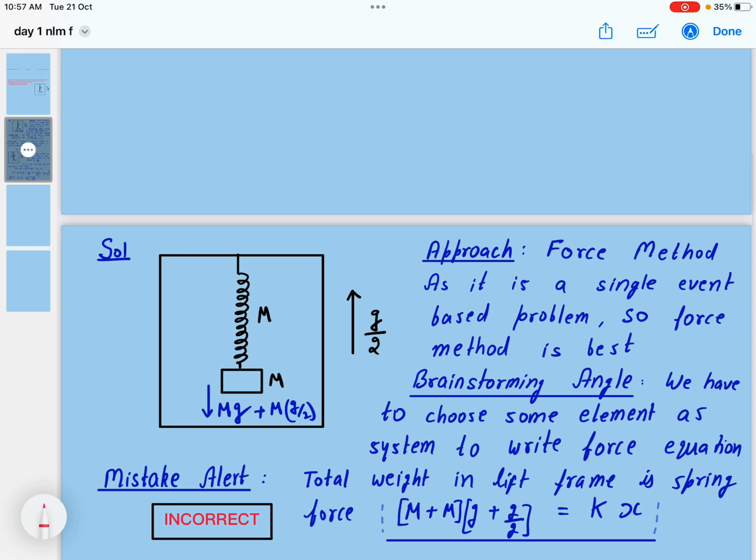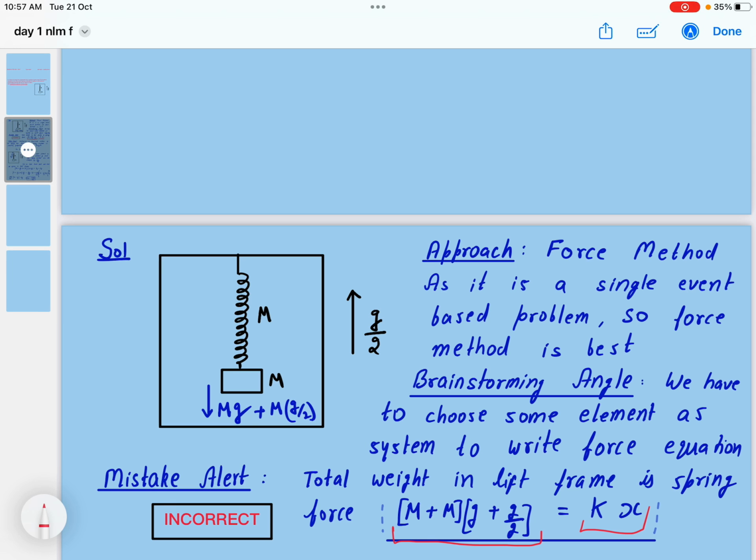Now, mistake alert. Many times when I give this question in class, students quickly give an answer and it is wrong. They say, sir, the total force on the system in the lift frame is equal to this spring force, finish. Obviously we cannot do this. Why?